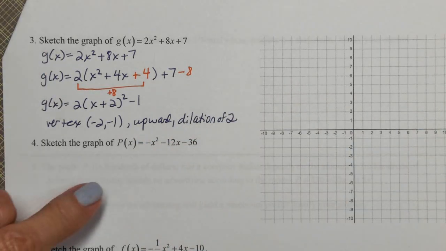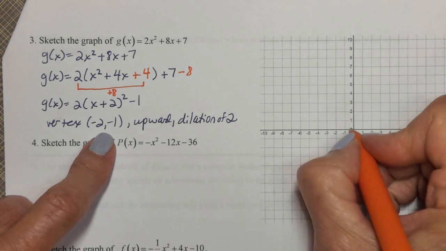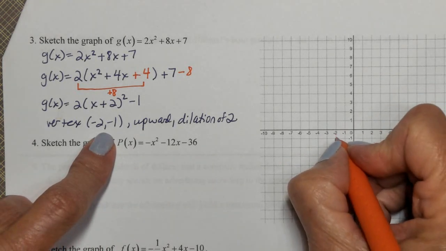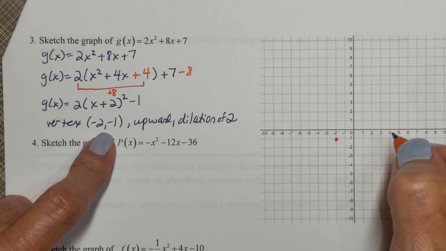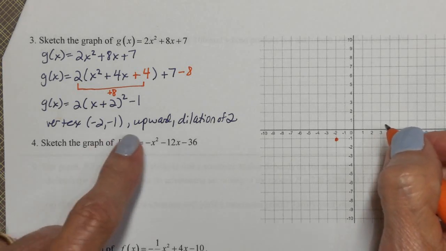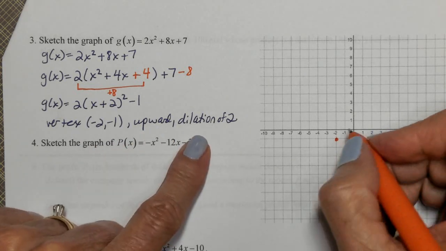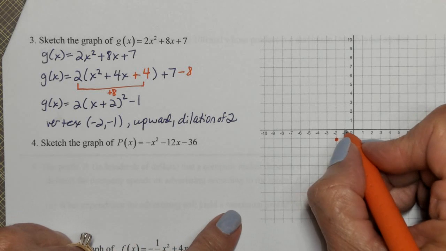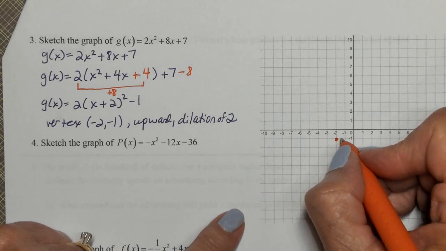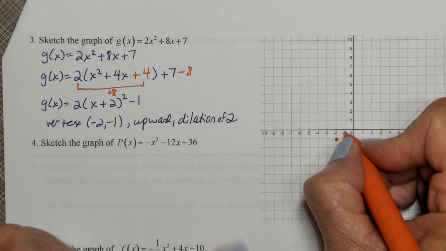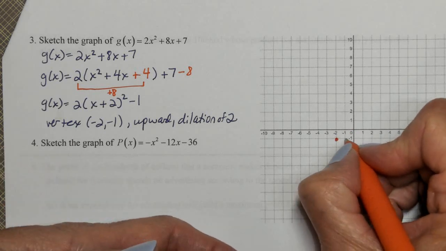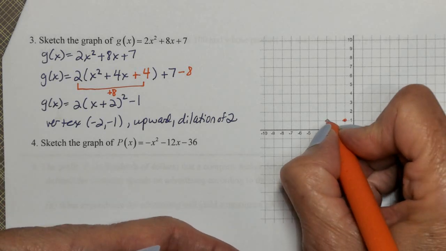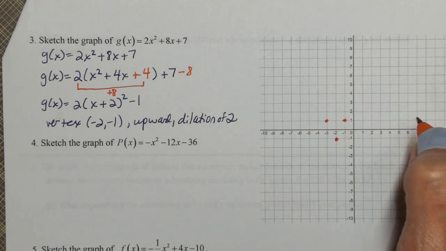Okay, so we'll go to our vertex, -2, -1. Okay, and we're going upwards, dilation of 2. Usually I go over 1 up 1, but now I have a dilation of 2. So I'm not going to go over 1 up 1, I need to multiply that by 2. So over 1 up 2. That's what that dilation of 2 is going to do.